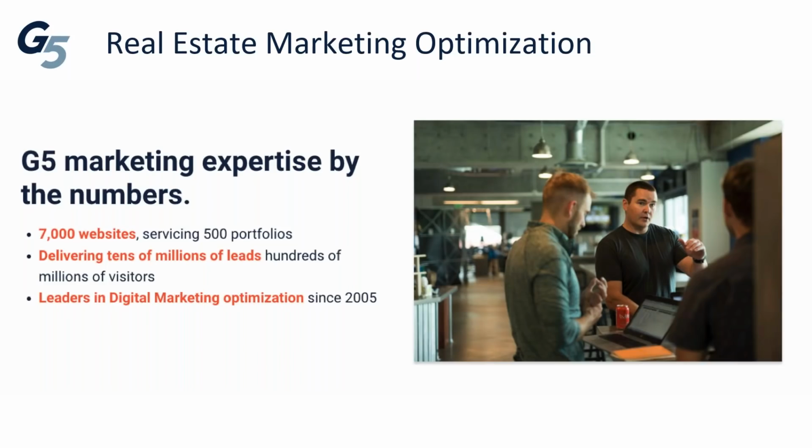Great. So first of all, I want to say thank you to Amazon and H2O for giving us an opportunity to speak about our very short and very successful pathway here at G5 into machine learning and using AWS and H2O Driverless AI. Our company was founded in 2005, and we're basically serving the real estate market.